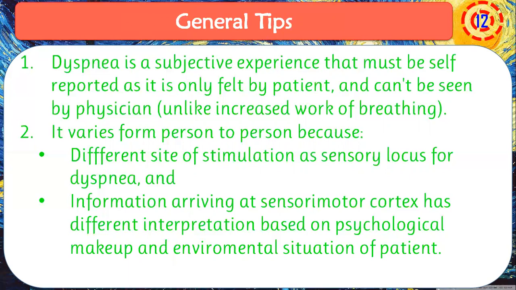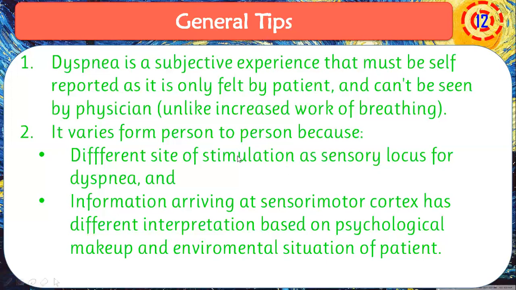But if that same patient, given the same wound, is kept in a calm and silent situation, then in such condition, the patient has an intense feeling of dyspnea. So that means that the information arriving at the sensory cortex has a different interpretation based on the psychological makeup as well as the environmental situation the patient is in.